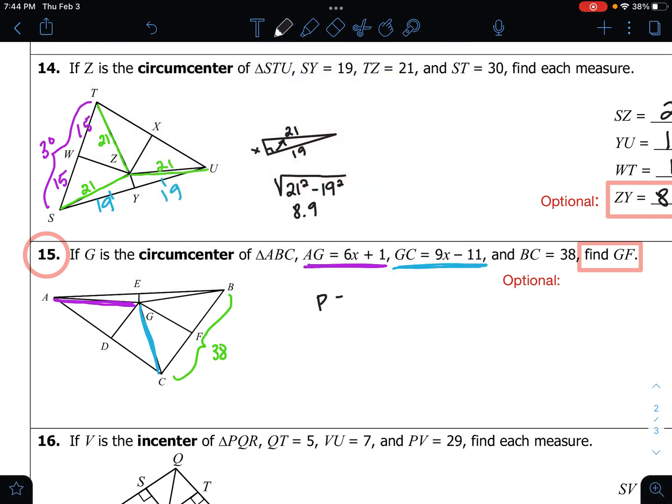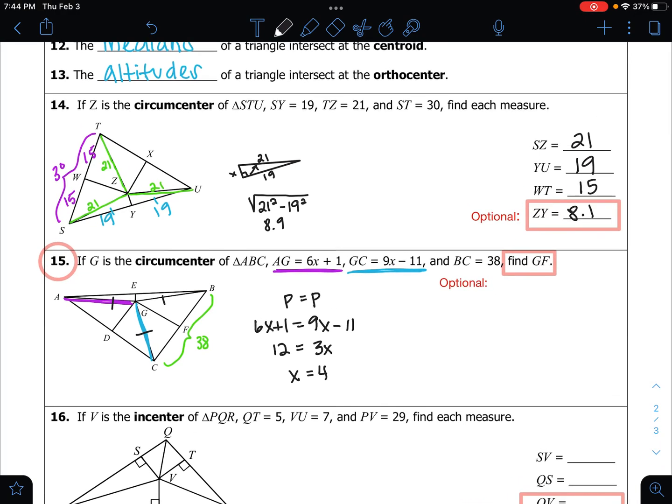So the purple and blue line segments are congruent. So that's going to be 6x plus 1 equals 9x minus 11. Subtracting 6x from both sides, and I'm going to add 11 to both sides. We're going to divide both sides by 3. So we get x equals 4.